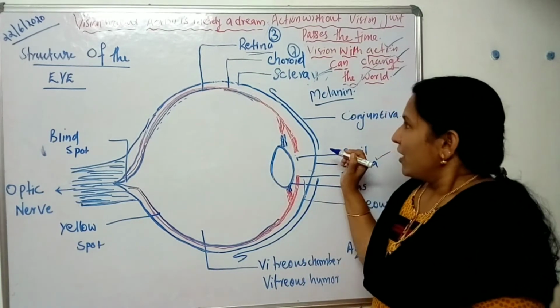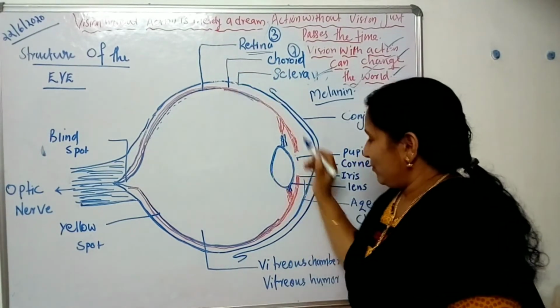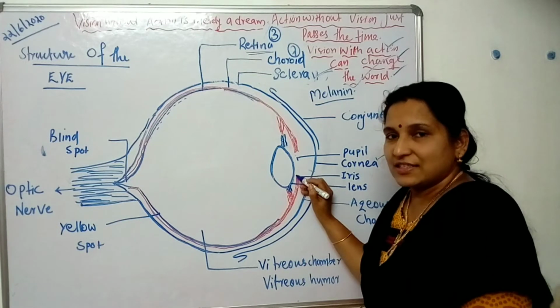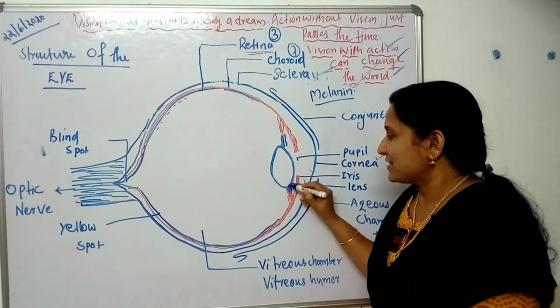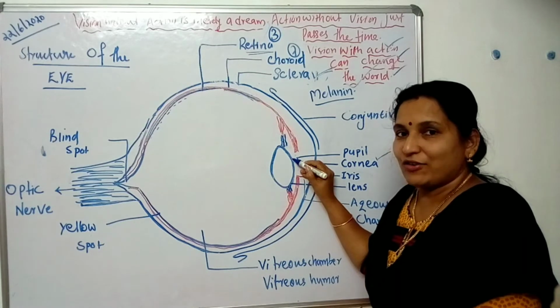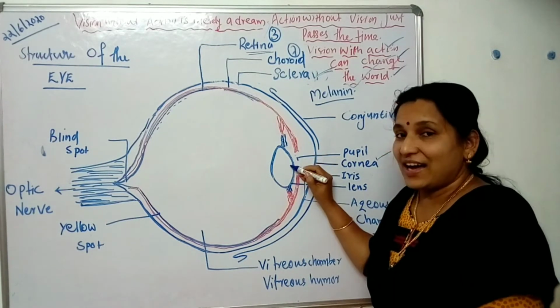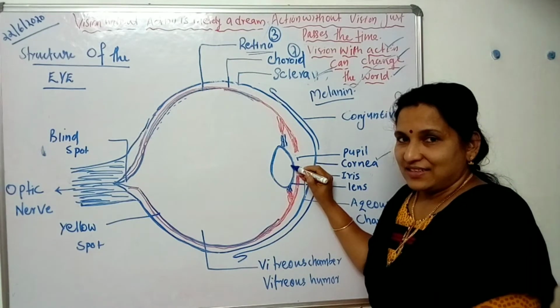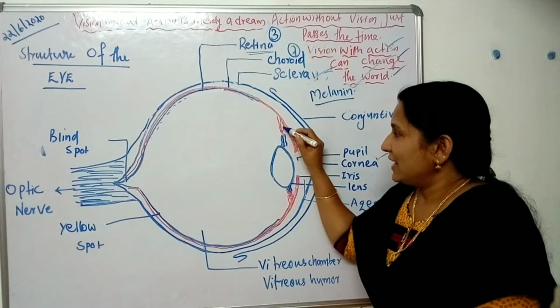Before talking about the retina, here is one more important part that I didn't mention, so please listen here. This part is known as the lens. Convex lens is present behind the iris. Then we can see here ciliary muscles and ligaments.